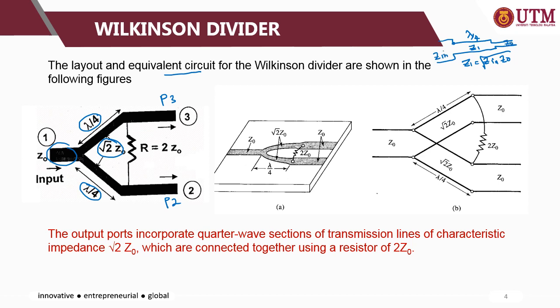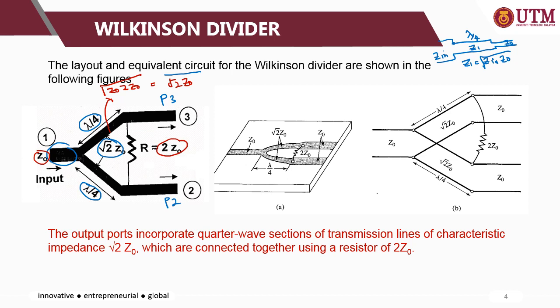So in this case, the characteristic impedance for the transmission line here is equal to the square root of Z0 as the input characteristic impedance, multiplied by 2 Z0 as the load impedance. So this is equal to square root of 2 Z0.